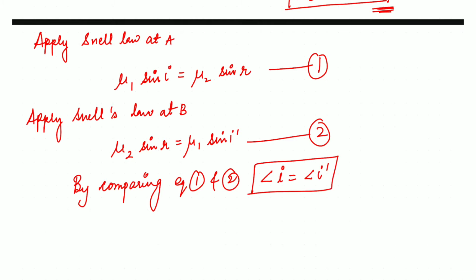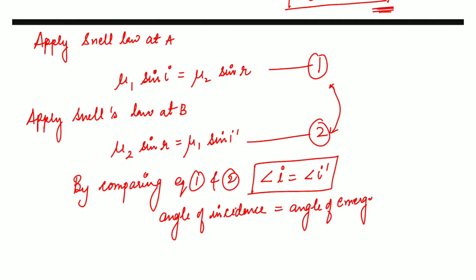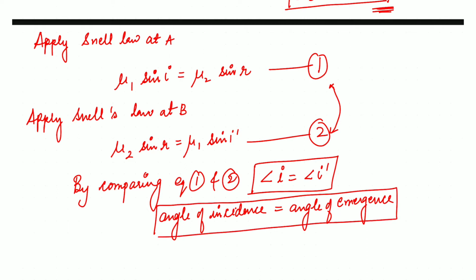It must be; only then can these two equations verify each other. I can conclude that the angle of incidence is equal to the angle of emergence. I hope you guys can understand that.